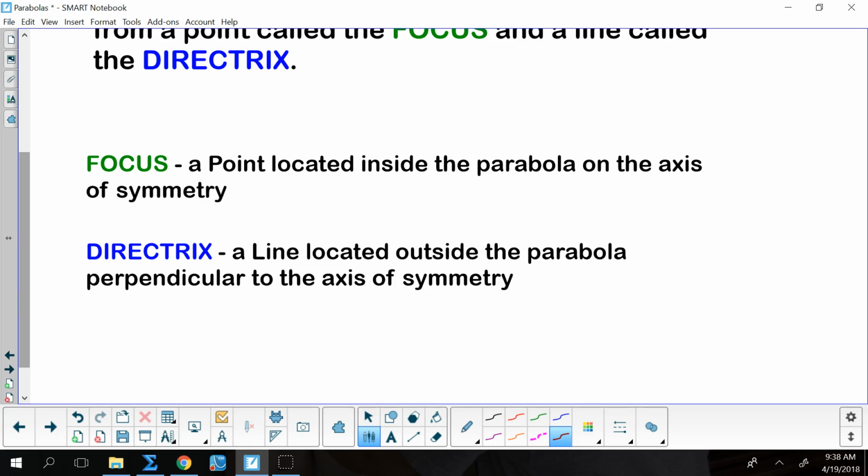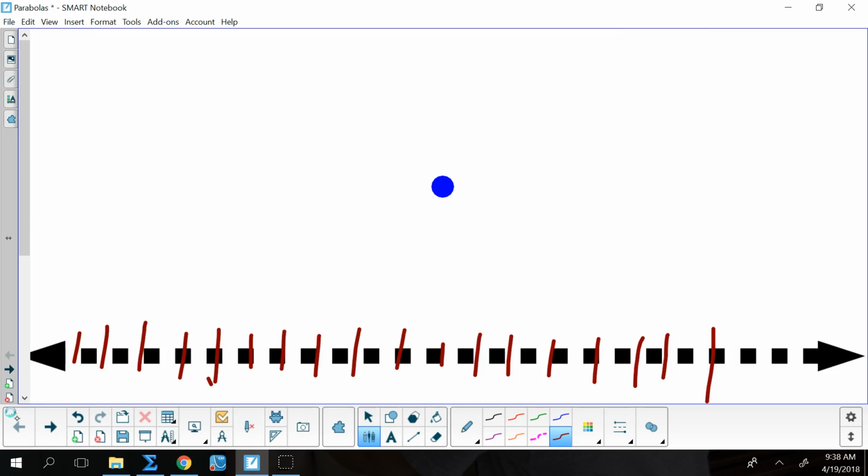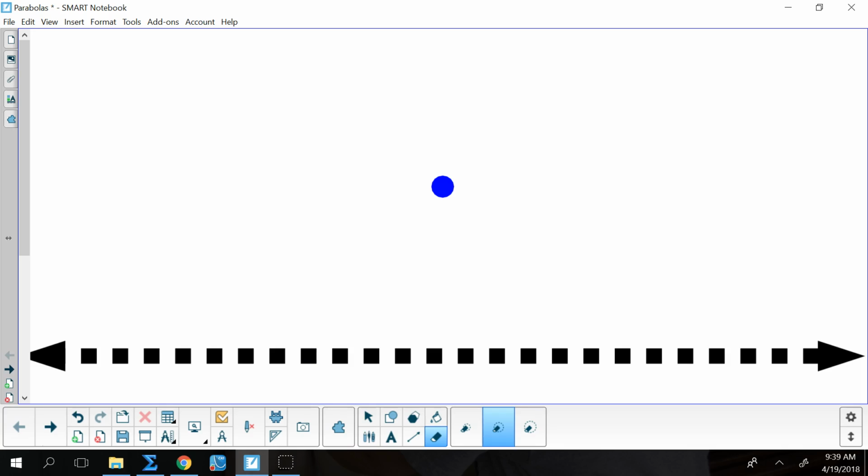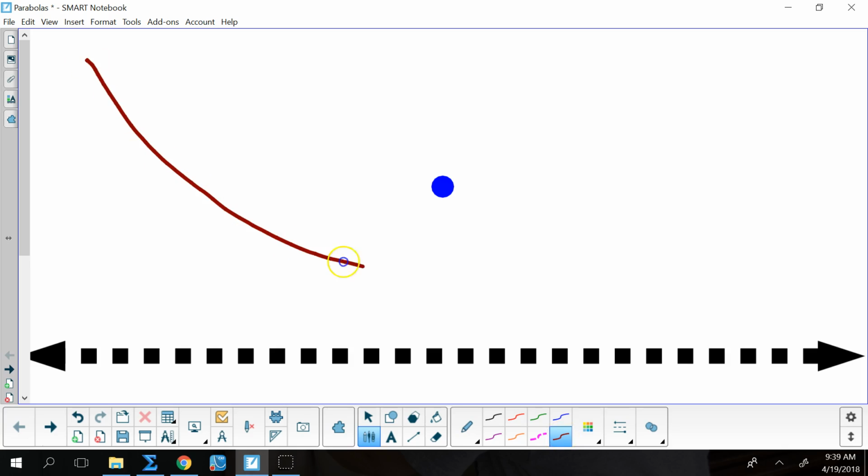The directrix is a line outside of the parabola, and it's perpendicular to the axis of symmetry. Now, normally when you draw the axis of symmetry and the directrix, we draw them in a dashed line, which is why on this slide I had it as a dashed line. Because the parabola is going to go somewhere through there.